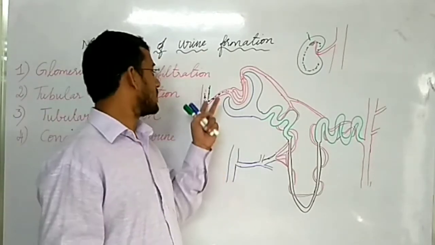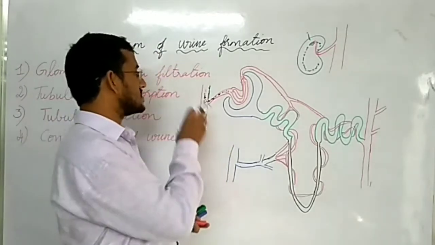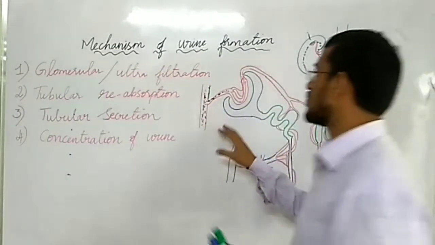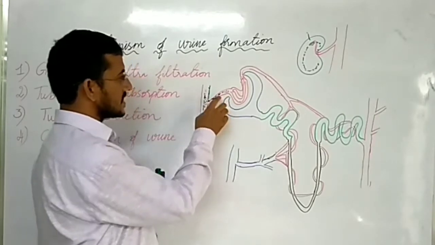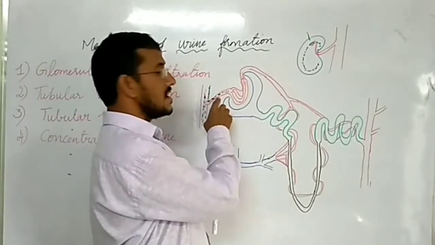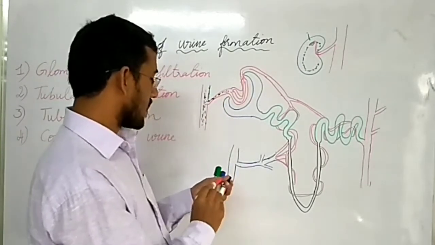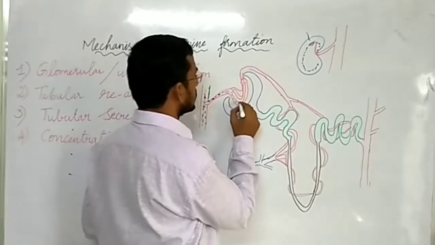So this blood is oxygenated as well as loaded with waste materials. From the renal artery it enters the arterioles, then the efferent arteriole, and from the efferent arteriole it enters the capillaries.